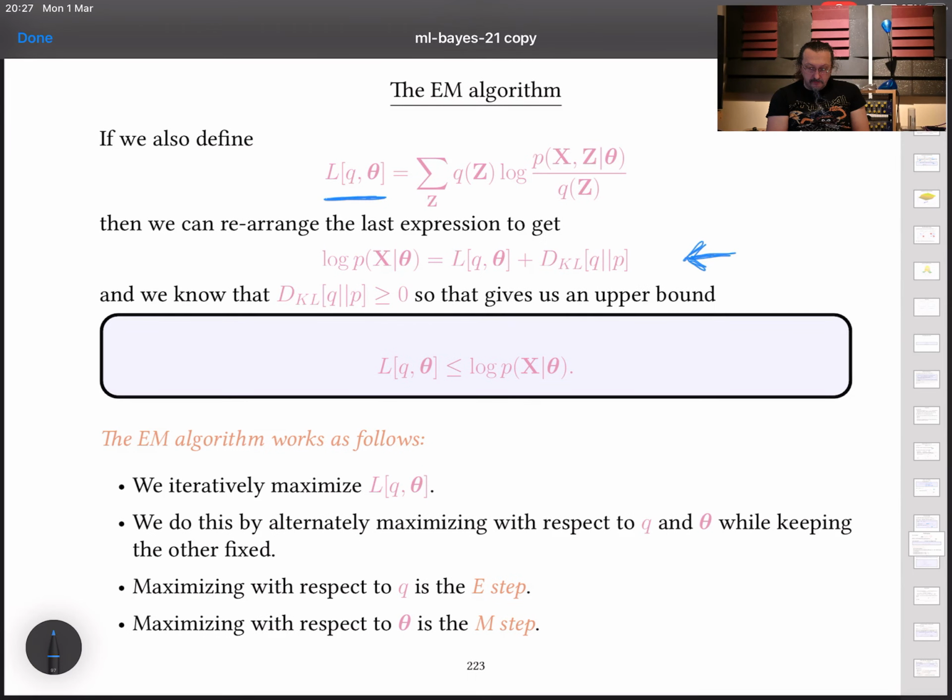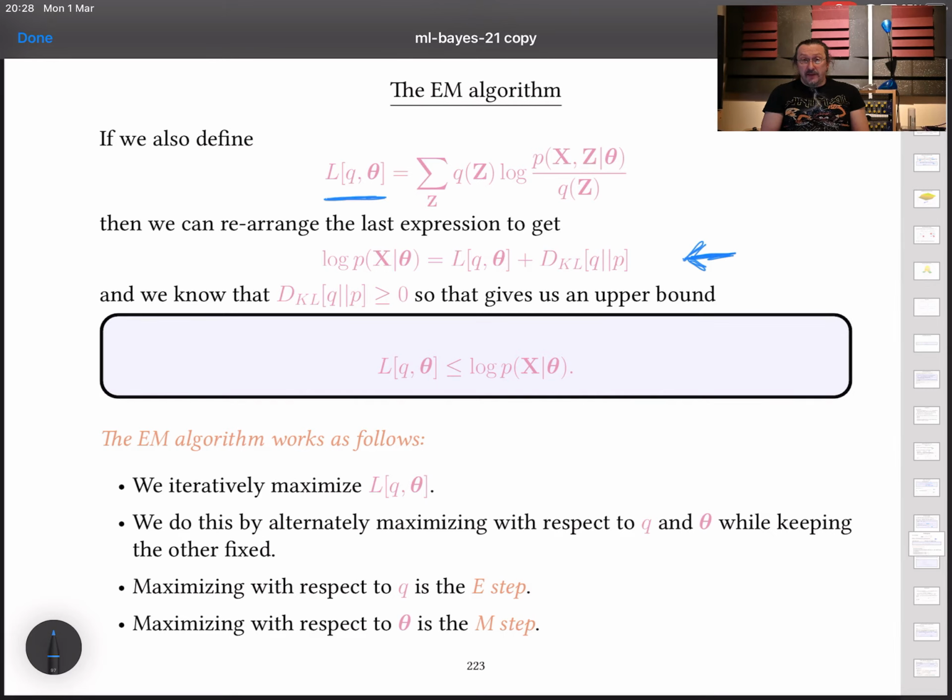Now, that should make us happy, because we know that the KL distance is always non-negative. And because it's non-negative, that means that the expression L of Q and theta gives us a bound. It gives us the bound in the shaded box. We know that the thing we're trying to maximize is greater than or equal to L of Q and theta.